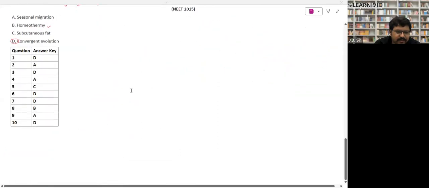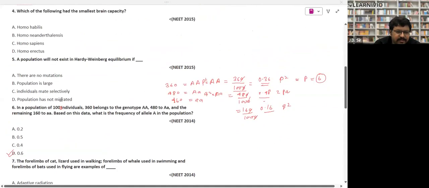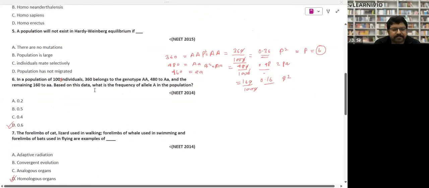Fifth one, taking A. Yes, C is the answer. The population will not exist if individuals mate selectively. Yes, they should mate randomly.